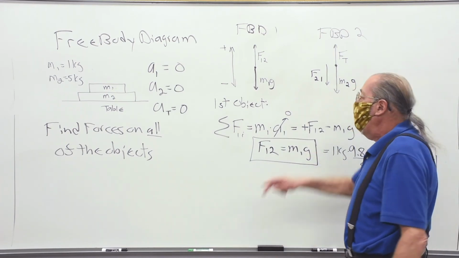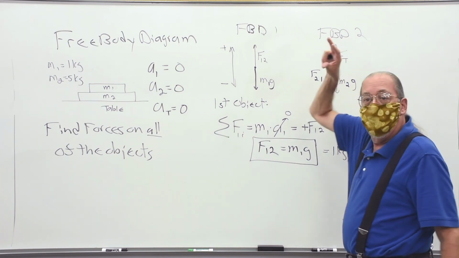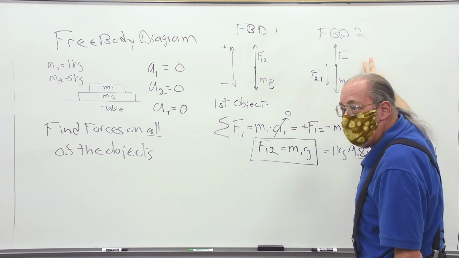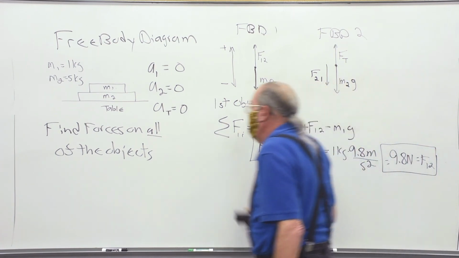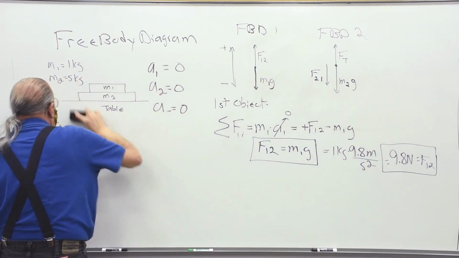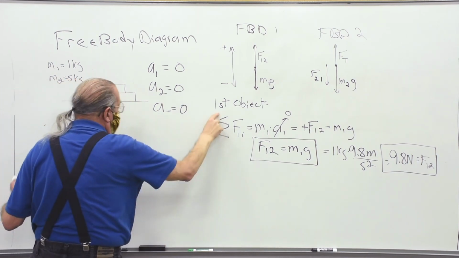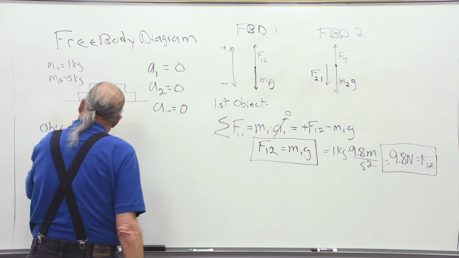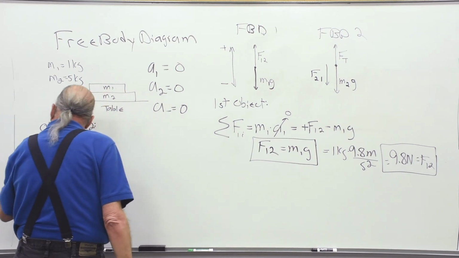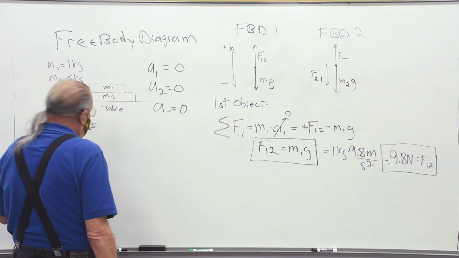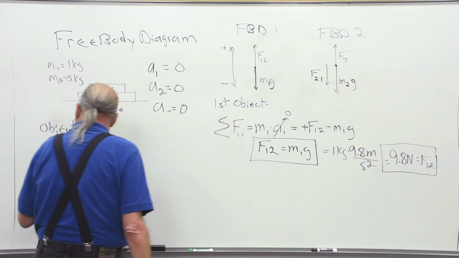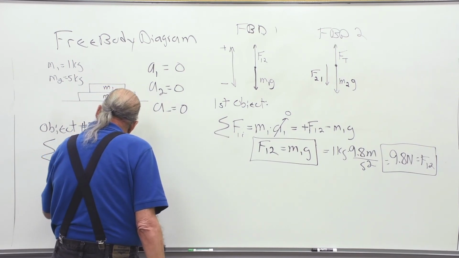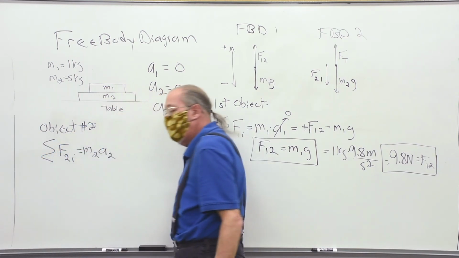Now, we have to apply Newton's laws of motion to the second object. Again, nothing's going on in X, so I'm going to come over here, object number 2. The sum of all the forces on object 2, exerted by all the other objects, is equal to m2 times its acceleration.